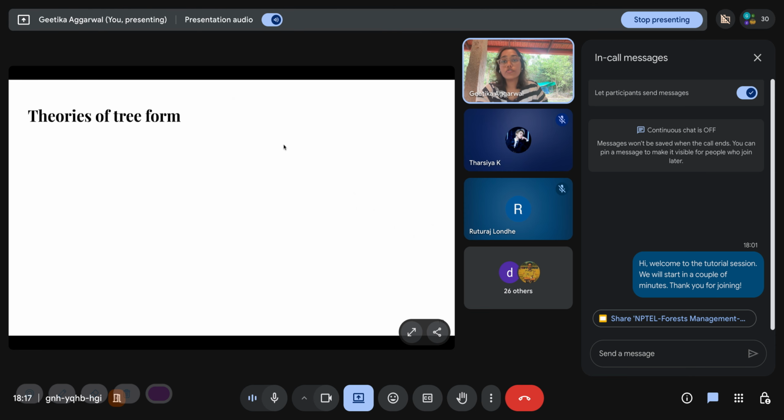Moving on to theories of tree form, we're talking about why trees are in the shape in which they are. So, can anybody tell me what are the different theories of tree form? Why do the trees take the form that they do?